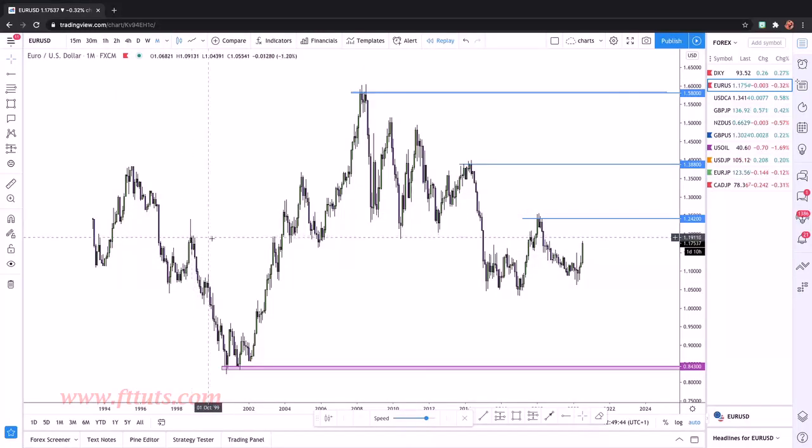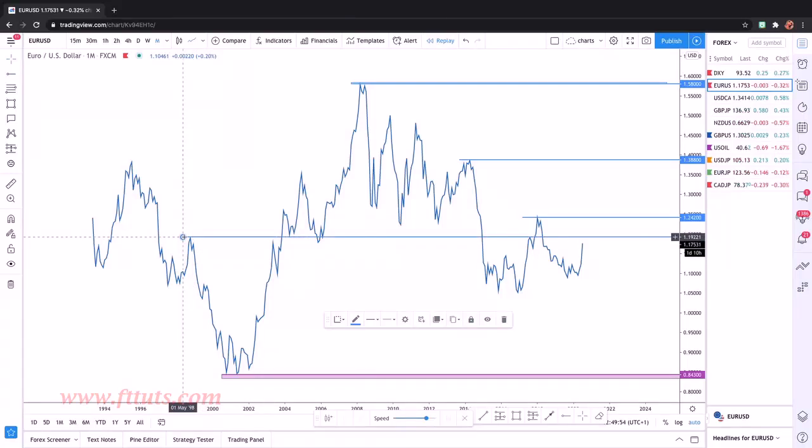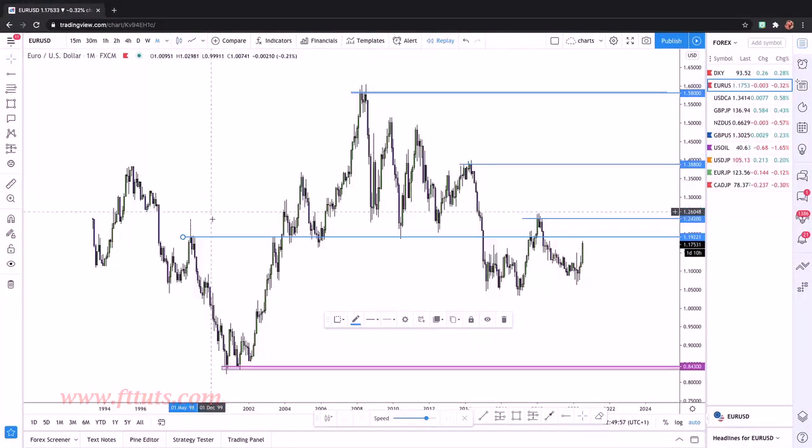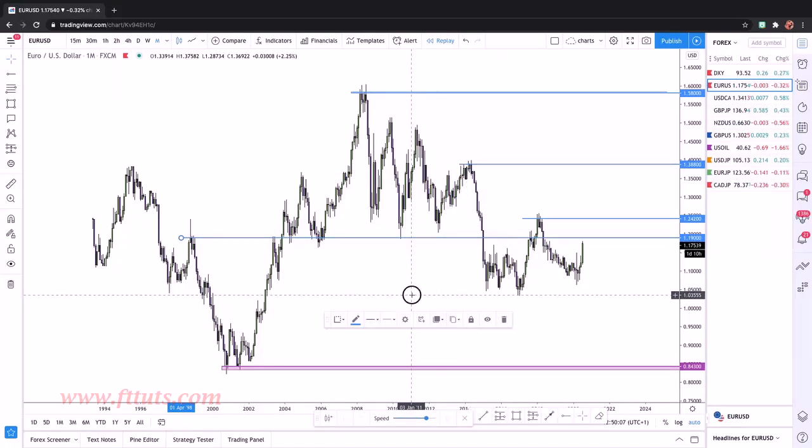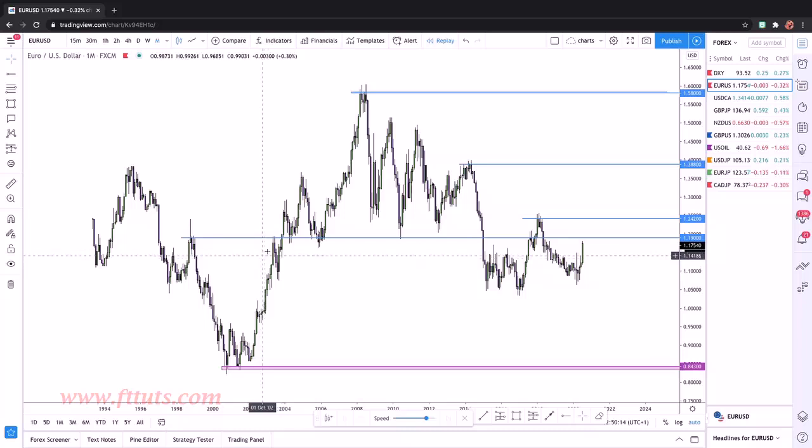So right now we're coming up to resistance, because if you look here and take the horizontal ray tool, you can see that price rejected the 1.19, then came up, rejected it again, closed above, tested it, then came up, tried to fake out, then went above, tested once more, tested here, broke, went to 124.2, and then now it's coming up to that 119.